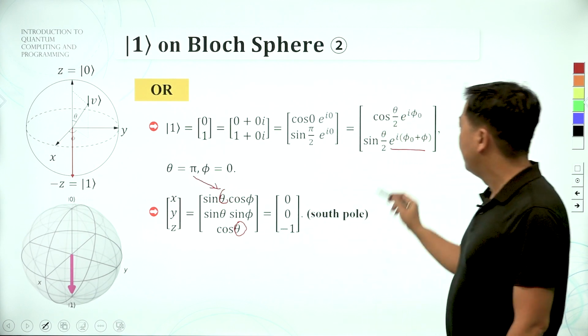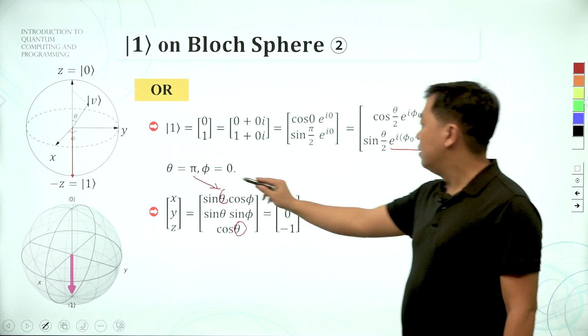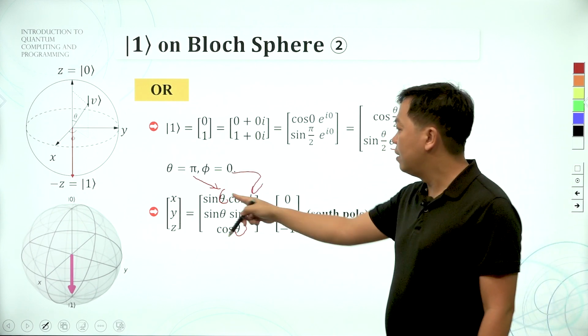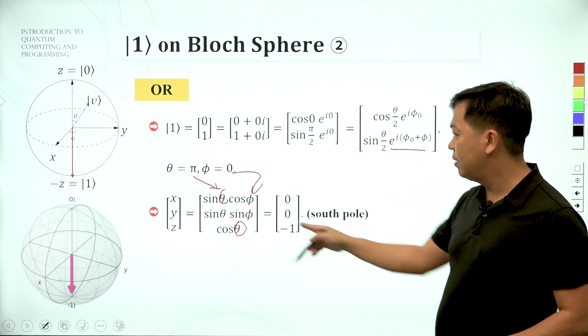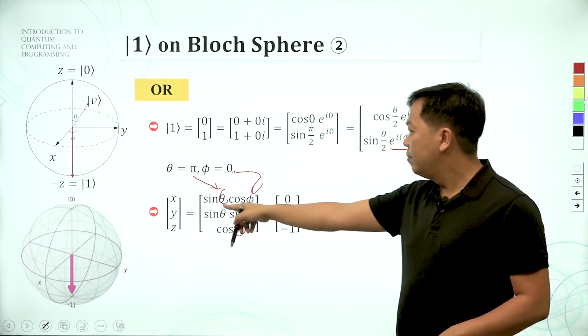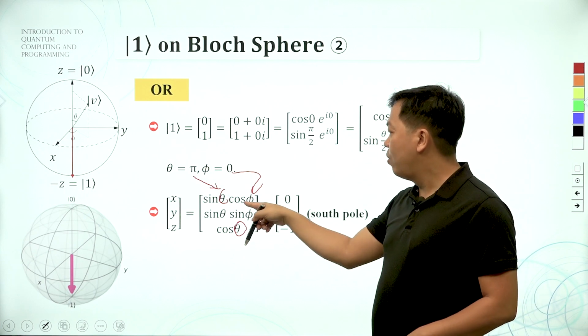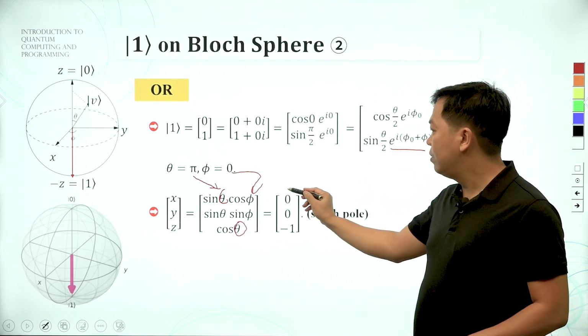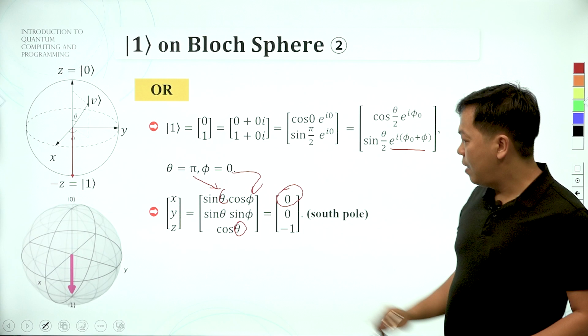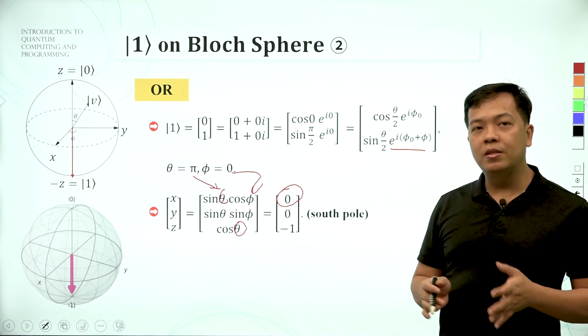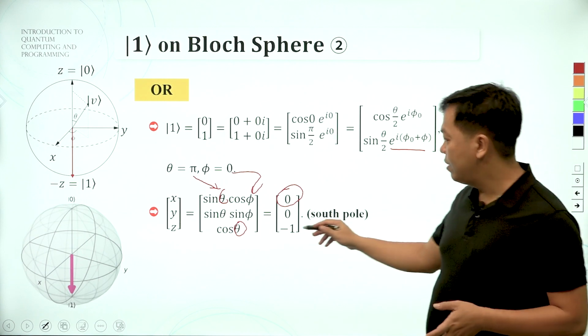Then you calculate to 0, because of sin pi and cos 0, so it is equal to 0.